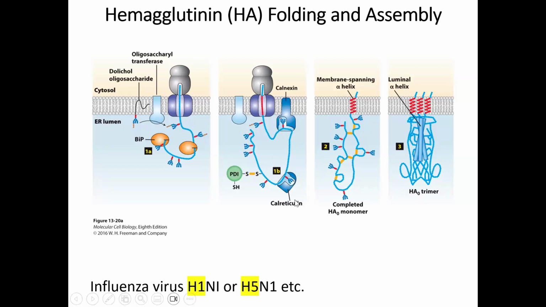So what is actually being shown here? This is a protein from the influenza virus called hemagglutinin. You always say H1N1, H5N1, and the H is hemagglutinin, a protein which can agglutinate red blood cells. It can just bind to them.